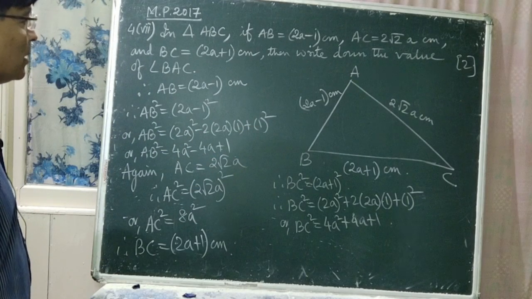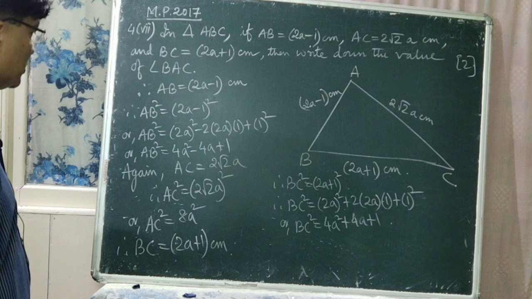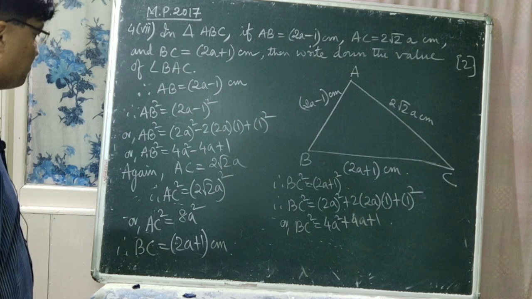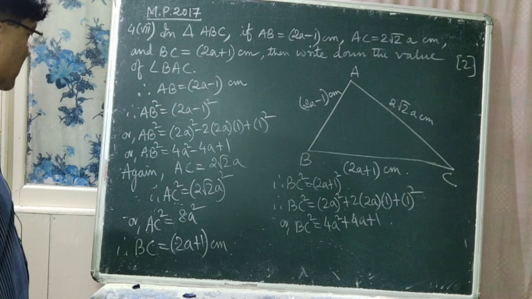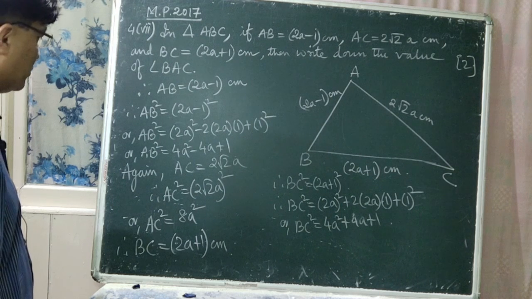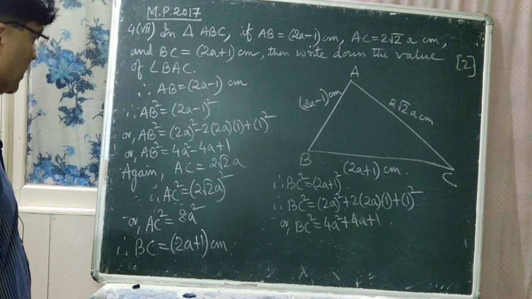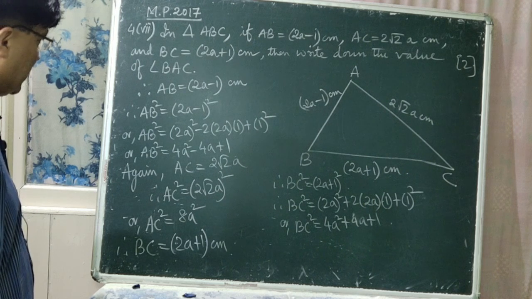Okay. Now in this case, it is 8a square. And if you add those AB square plus AC square, it will be 8a square.